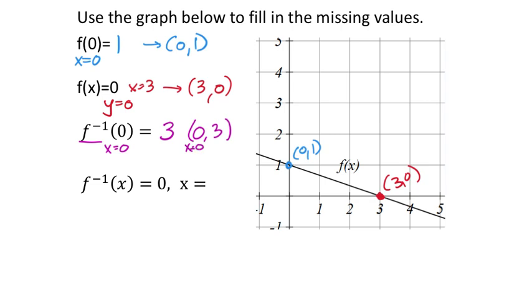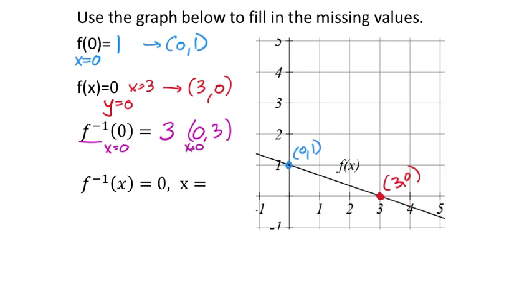So in the original, you could say, and I'm throwing everything against the wall hoping something sticks, but you could say if you want f inverse of 0, you're looking for y equals 0 in the original. Okay, because that inverted will make the x value 0 on this one.